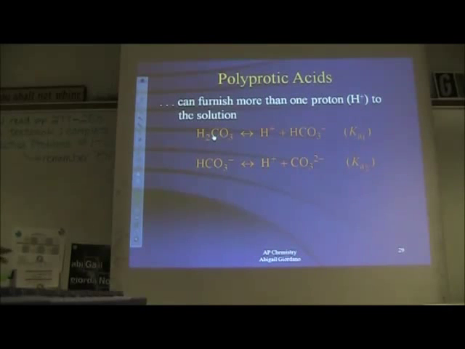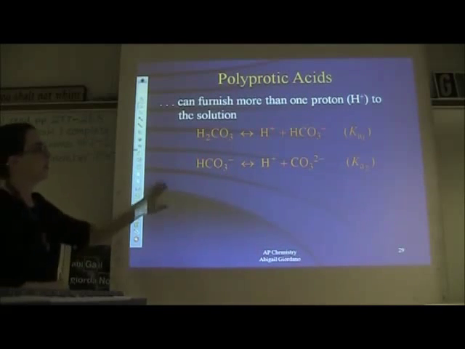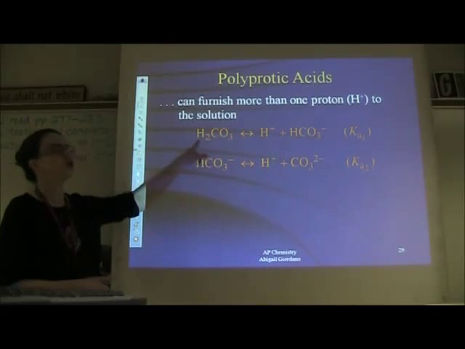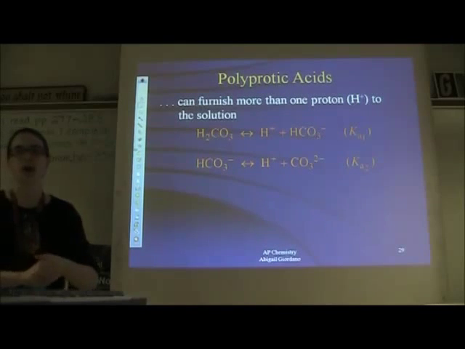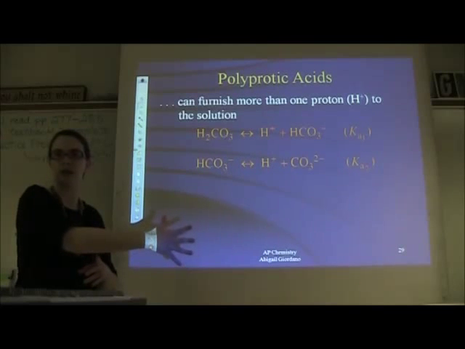The first thing that I want you to realize is that if you have, like this example, an acid that has 2 hydrogens to give away, those hydrogens do not come off at the same time. These 2 hydrogens are not donated in one shot.